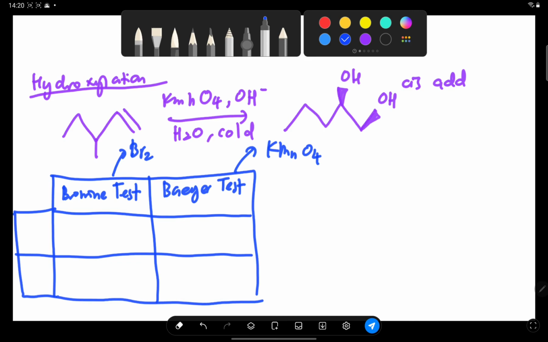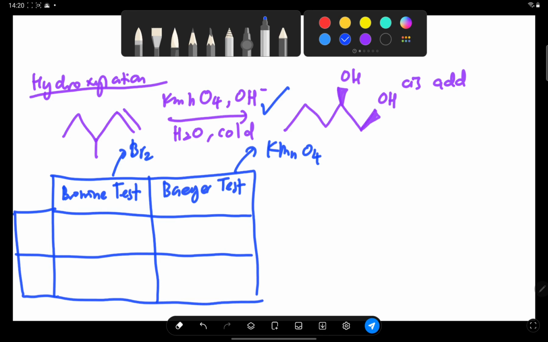KMnO4 in the presence of water, in dilute condition like this, in basic condition and at room temperature, cold.